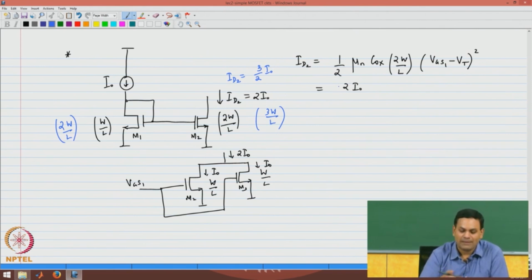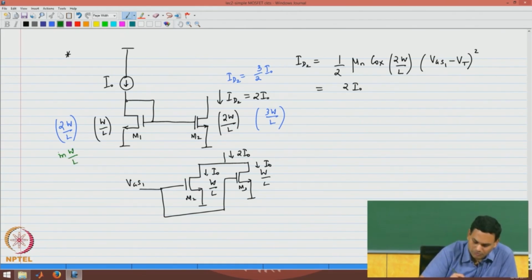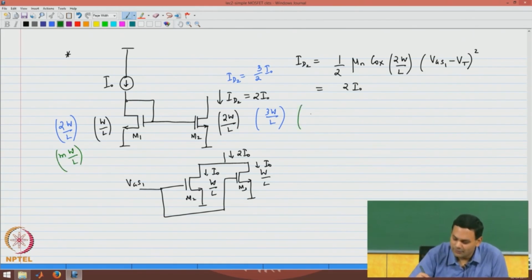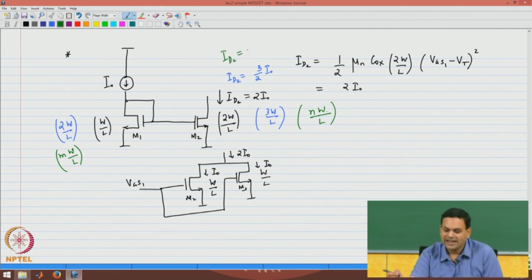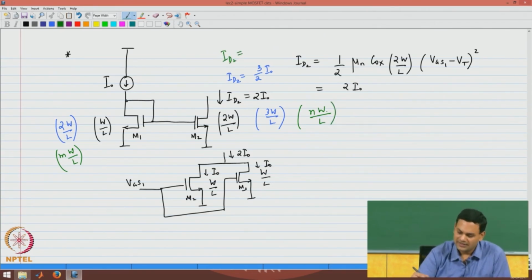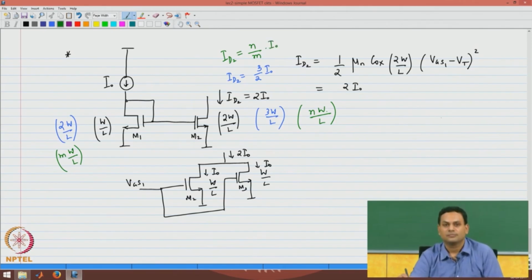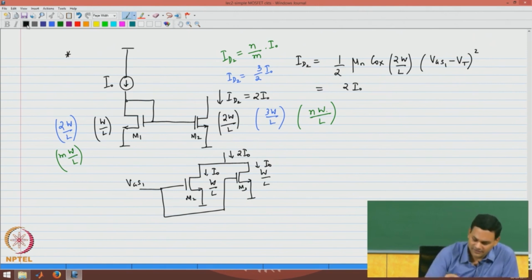In fact, if I use MW over L for M1 and NW over L for M2, then ID2 is equal to N over M times I0. So, you can create fractional currents. So, this current mirror is a very versatile circuit.